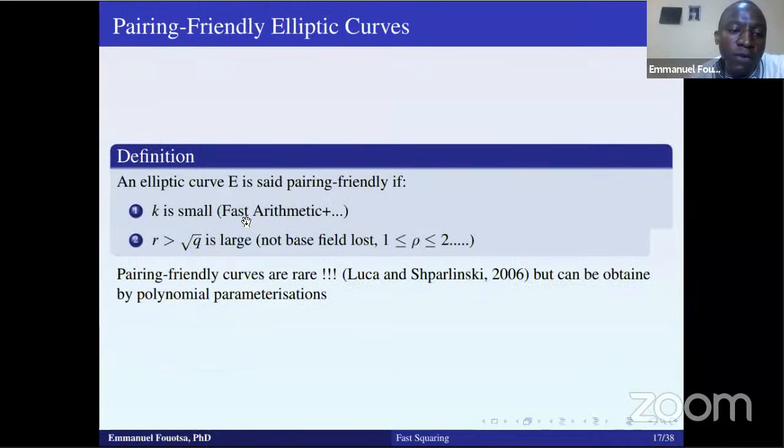We also like, for security reasons, the largest prime divisor of the order of the group to be greater than the square root of Q. There are various methods and algorithms in the literature to generate pairing-friendly elliptic curves.